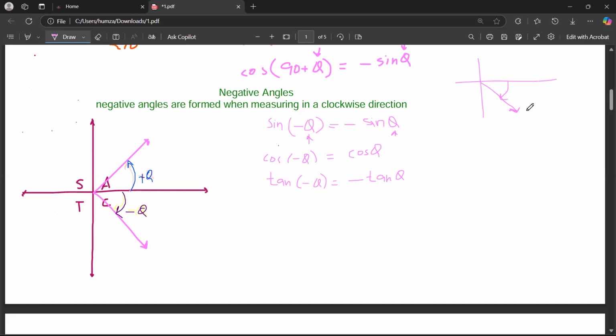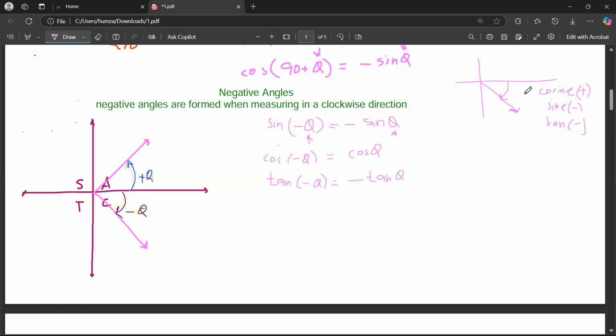Now in this quadrant, we know from the CAST rule that only cosine is positive. Sine is negative, and tan is also negative in this quadrant, right?